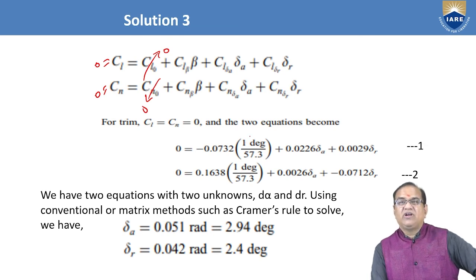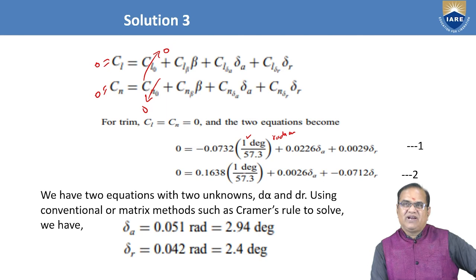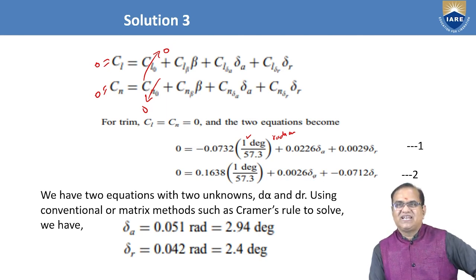This 1 degree is in the problem, where the sideslip angle beta is given as 1 degree. So 1 degree divided by 57.3 becomes radian. So 1 degree divided by 57.3, plus 0.0026 delta A, plus minus 0.071 delta R.